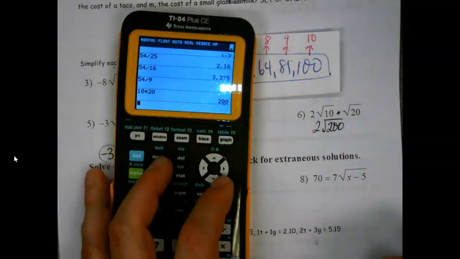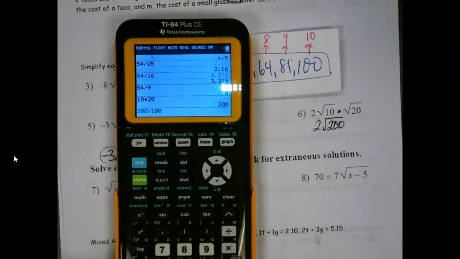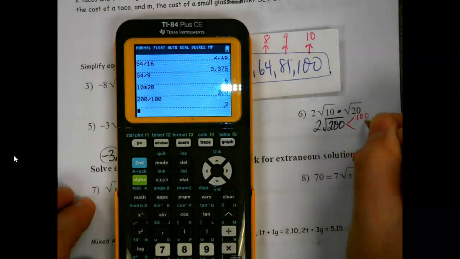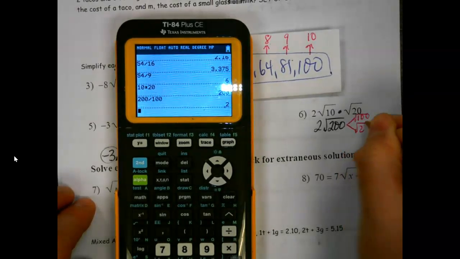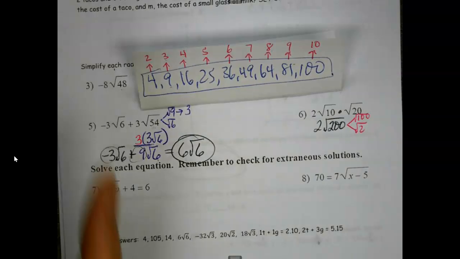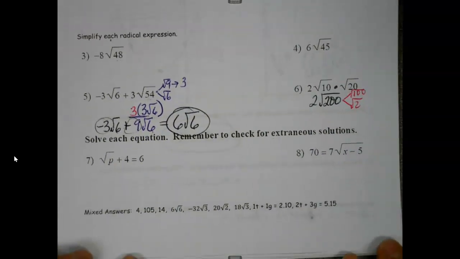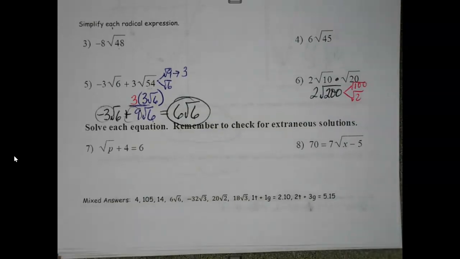Right away, we're going to get our number that works. And then I'm leaving you at that point to finish it off based on some of the things we've done before. And then last thing, I'm going to do number 8 with you.